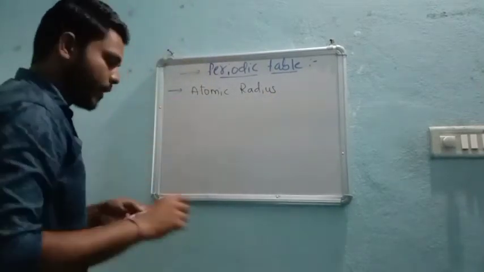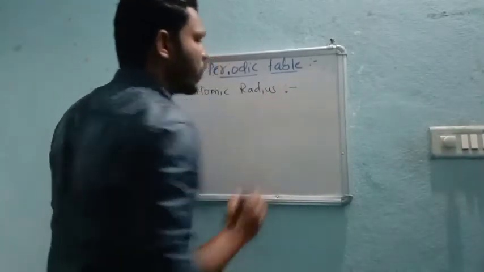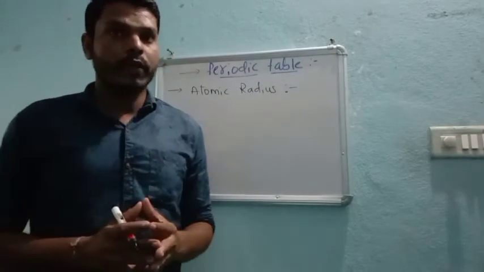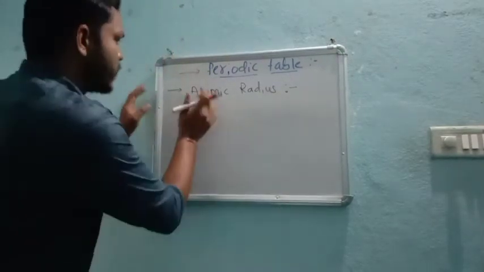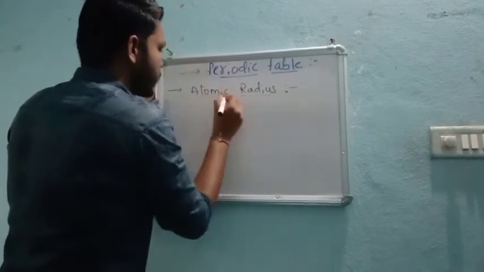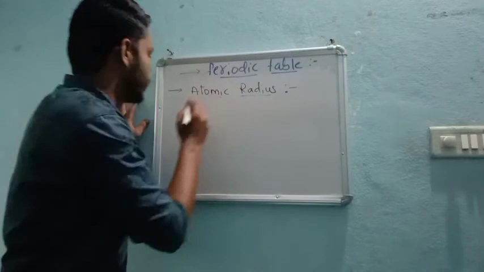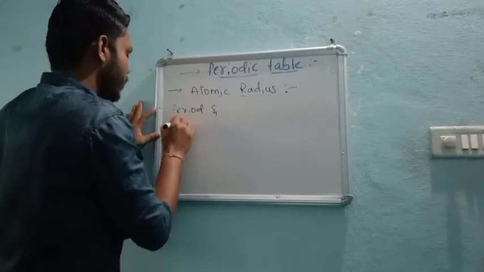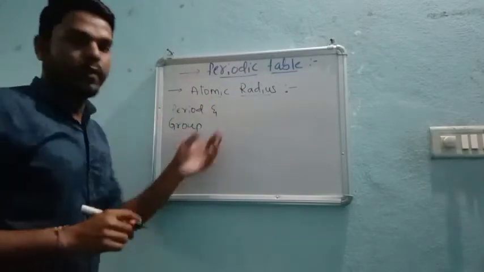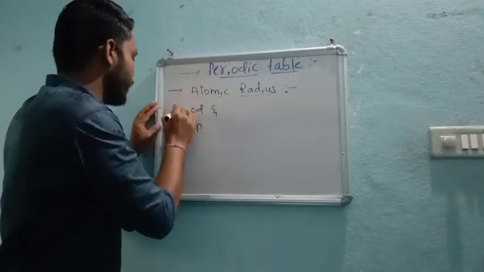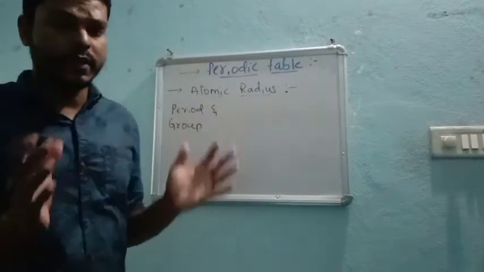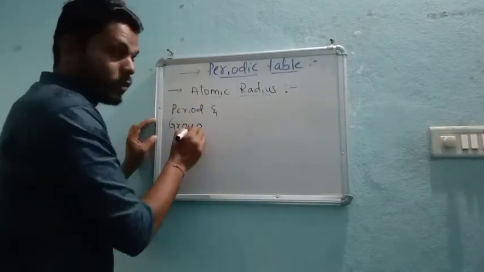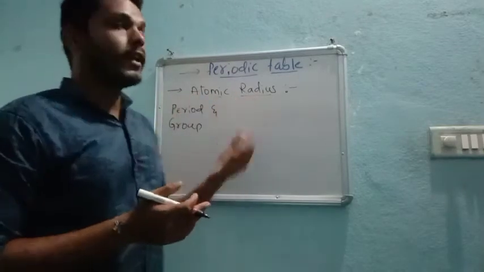So that's why atomic radius plays a very important role to know the size of a particular atom, because the radius is nothing but size. That means how this atomic radius changes in a period and in a group. In a period, whether the atomic radius increases, that means the size of the element increases or decreases, and in a group also, how the atomic radius varies.